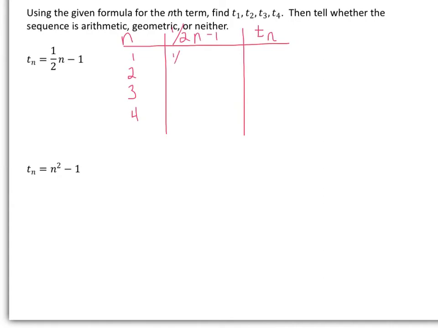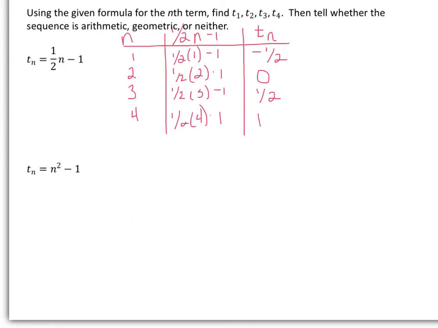So this becomes 1/2 times 1 minus 1, and that gives us negative 1/2. 1/2 times 2 minus 1 is 0. 1/2 times 3 minus 1 is 1/2. 1/2 times 4 minus 1 is 1.